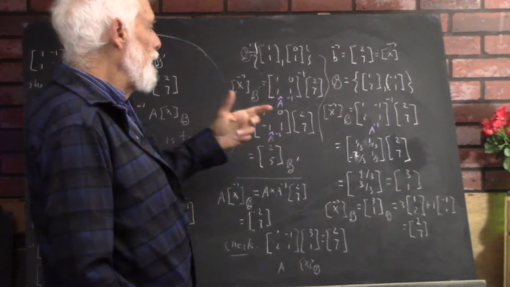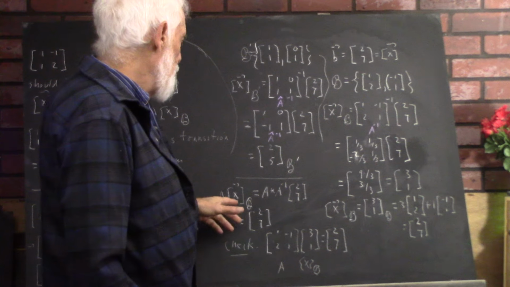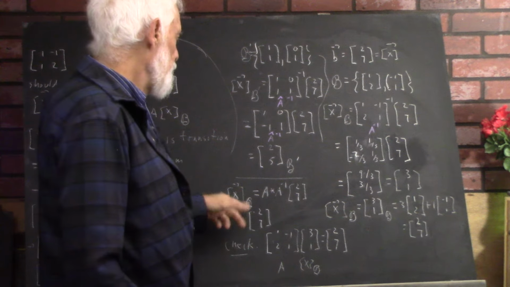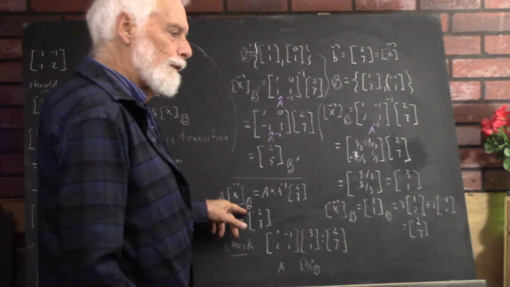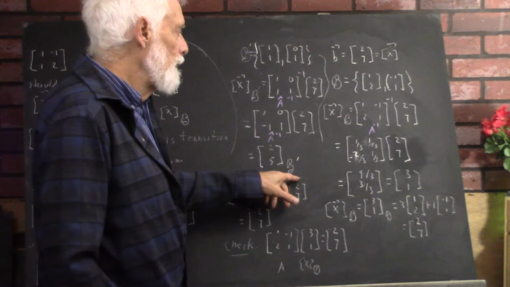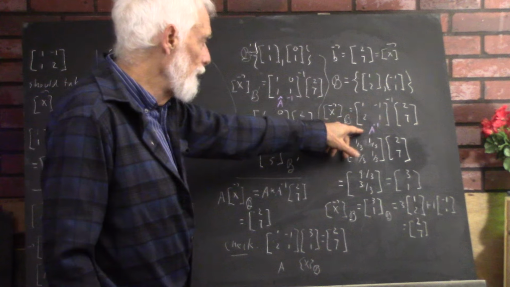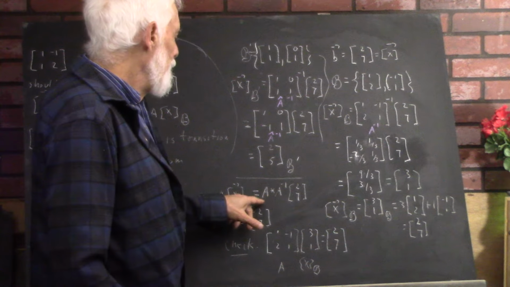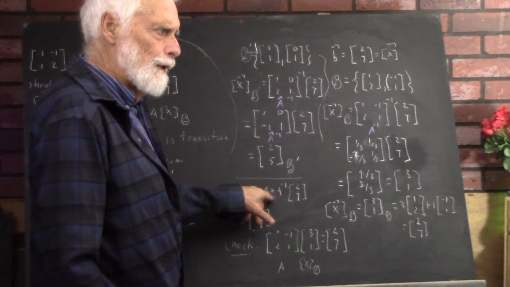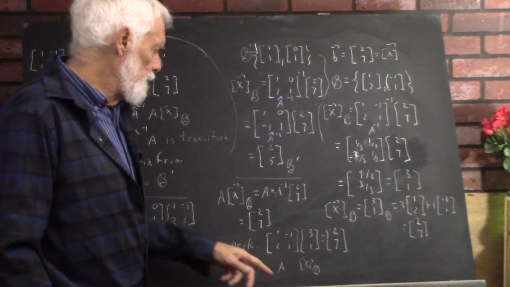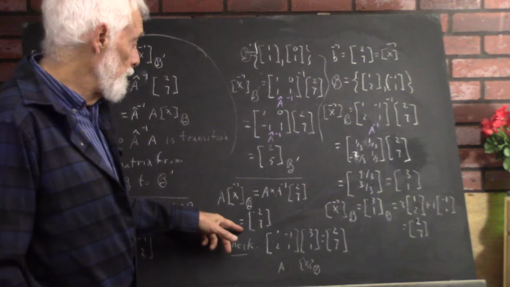When you multiply A by XB, you have to get this, because X script B is A inverse times 2, 7. If you multiply that by the matrix A, you get the identity matrix, A times A inverse. Multiplying that by the 2, 7, you get the 2, 7.